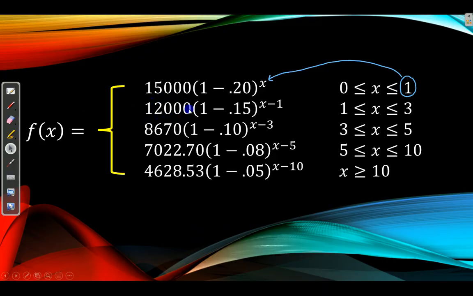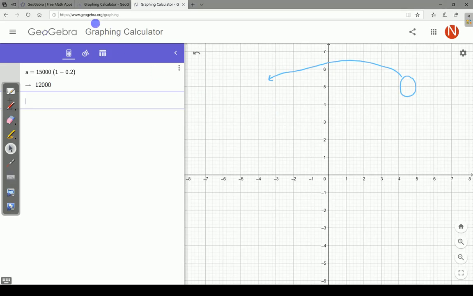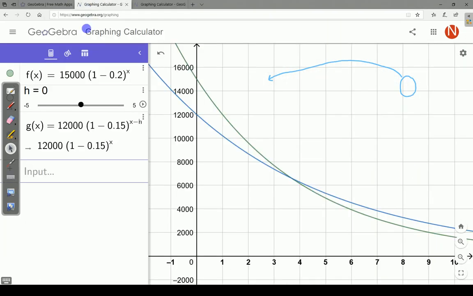The next tricky part is why we need the x minus 1 up at the top. To do that, I want to show you a graph here. The first green exponential line that I have right here is from my first equation, 15,000 times 1 minus 0.2 to the power of x. That's the first equation. But remember, we're only using that for the first year, from 0 to 1.